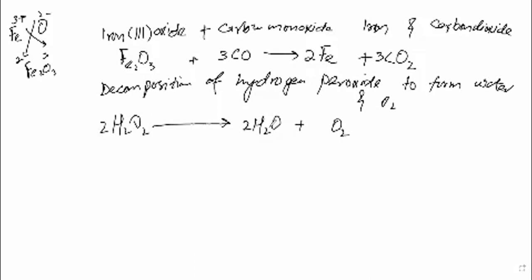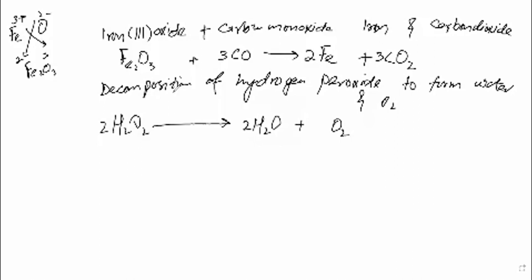In this way, 2 oxygen with the water and 2 oxygen atoms in the oxygen molecule, it becomes 4, and on this side we also have 4. So this is the decomposition of hydrogen peroxide into water and oxygen. So this is writing the equation from the description.